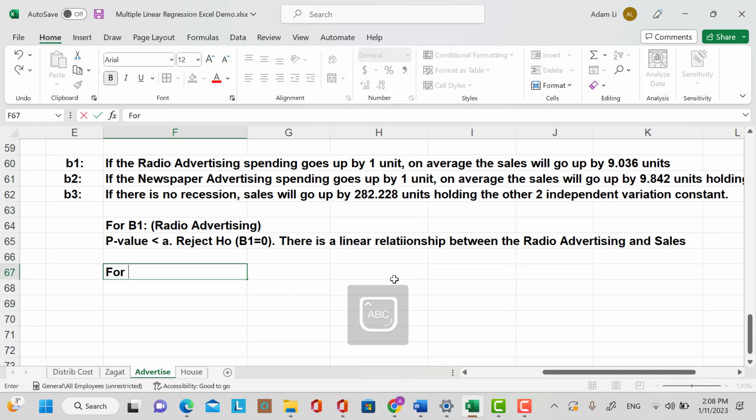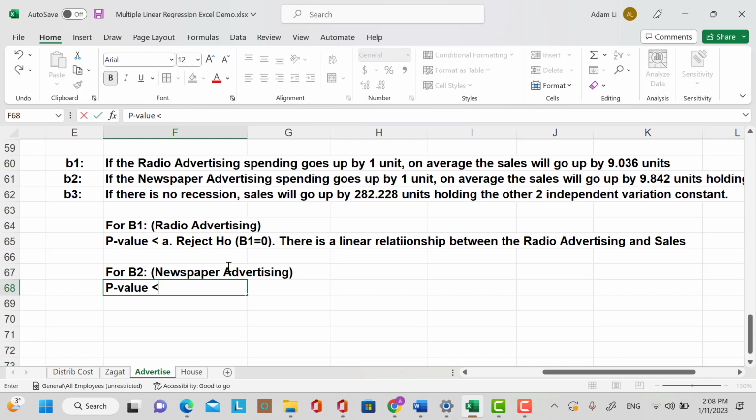Okay, so we take care of beta 1, and now beta 2, which is for newspaper advertising. The p-value is also very, very small, meaning the independent variable is very significant. So again, reject H0. H0 is beta 2 equal to 0.